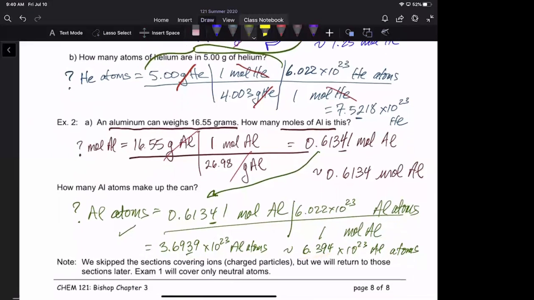All right, we're going to start talking about ions probably before the exam, but it's covered in one of the sections of this chapter. Right now we're just going to be aware of what electrons are, where they live, and how their mass and charge relate to the other subatomic particles.